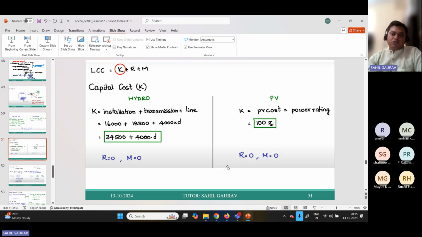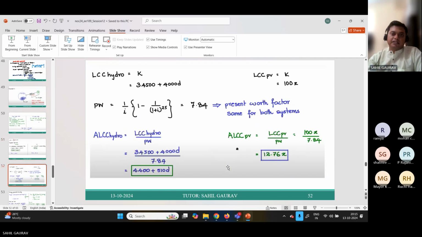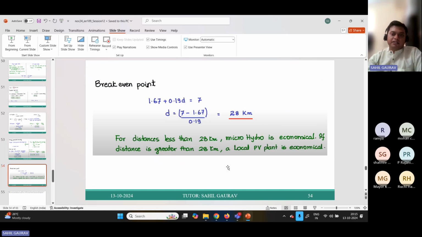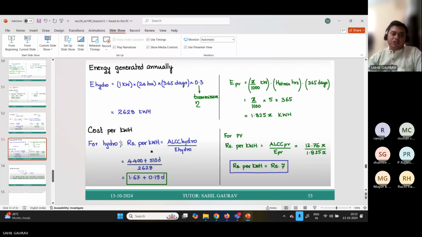So just go through this and you will get D value as 28 kilometer. Means cost per kilowatt hour you will get for this microhydel plant is 1.67 plus 0.19 D, and the cost per kilowatt hour from this PV plant installation at the same community level you will get is 7 rupees.